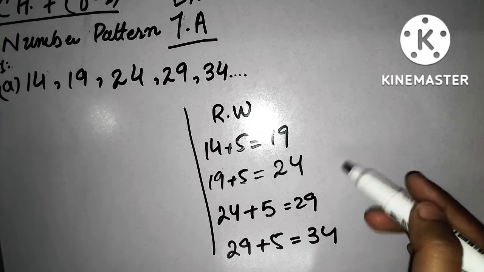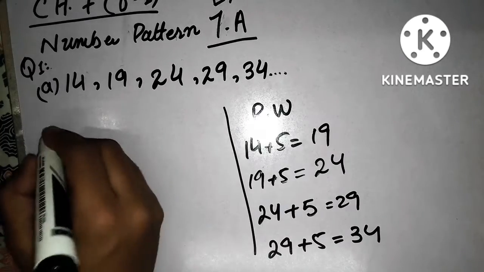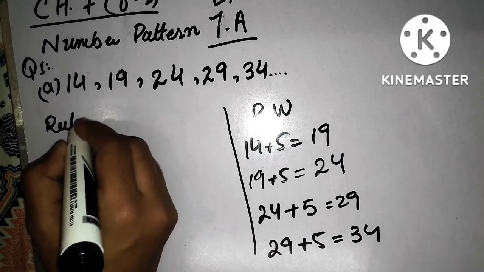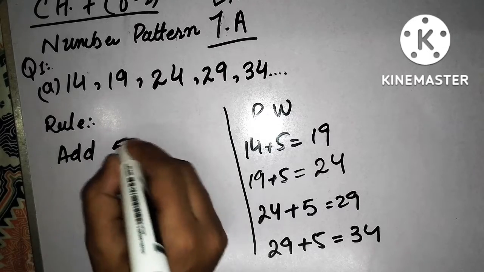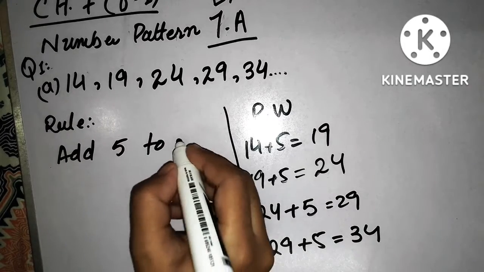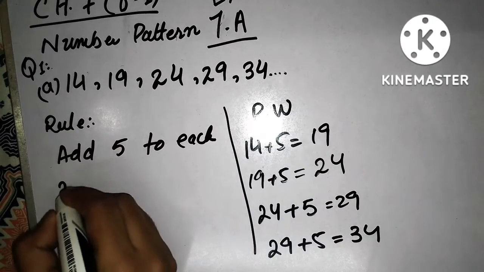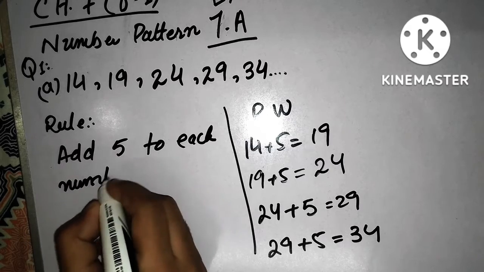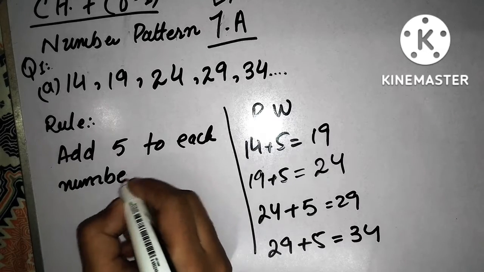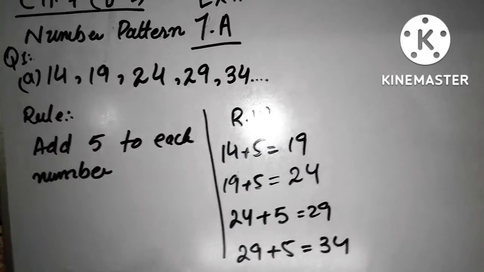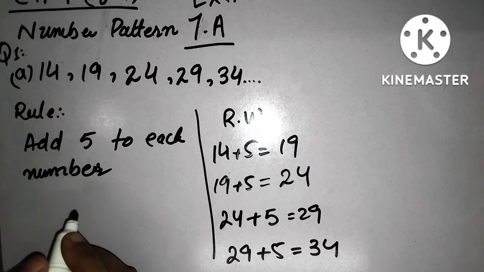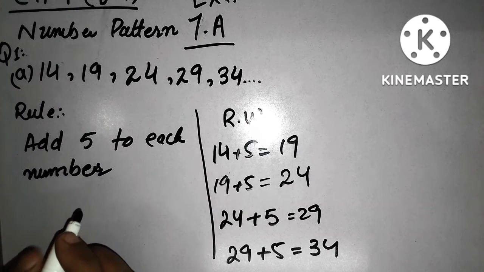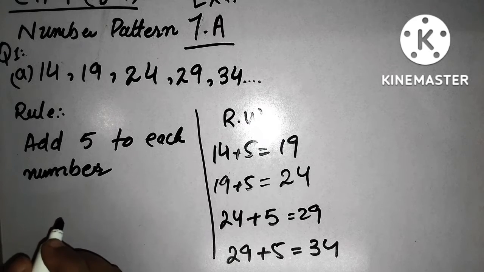They are asking to state the rule. So the rule will be: add 5 to each number. They are saying, write down the rule, so that is the rule. And they are asking one thing more: to find the next 2 terms.